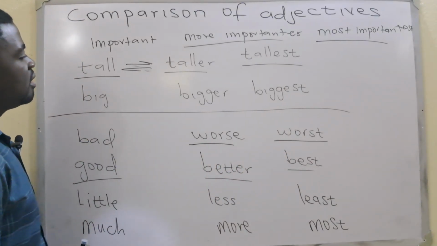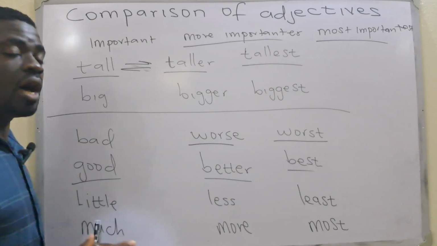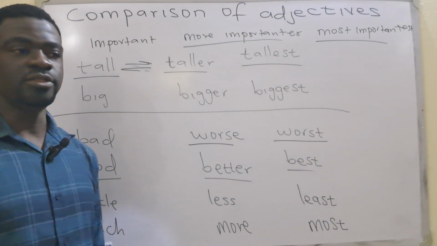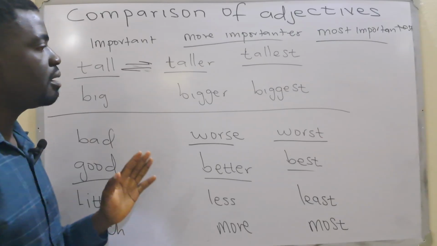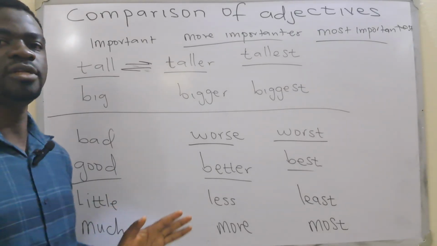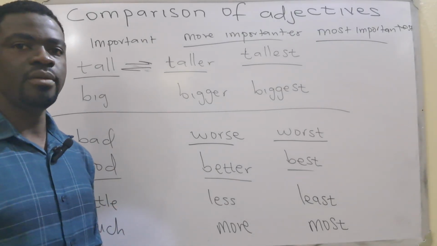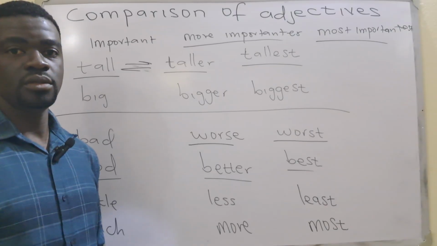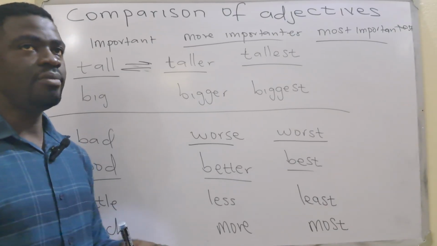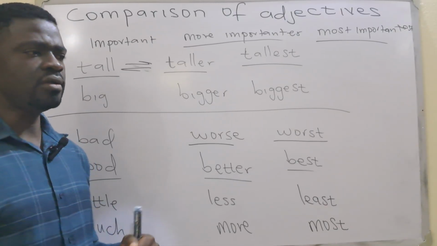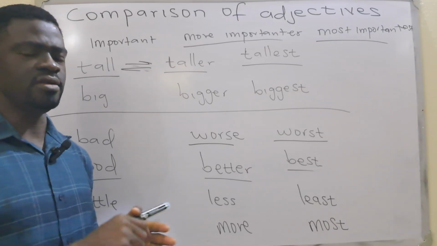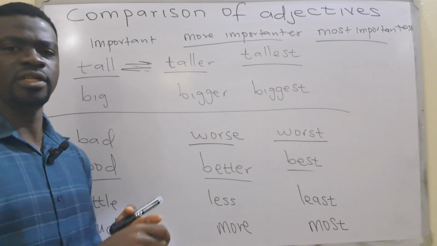Now, some adjectives don't have a comparative or superlative form. You call them absolute. They are absolute in themselves. You cannot indicate their degree or quality.